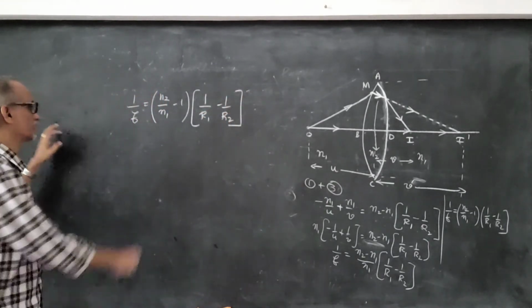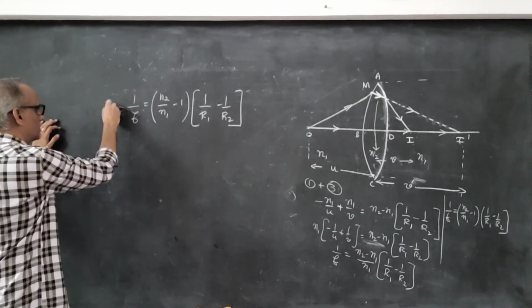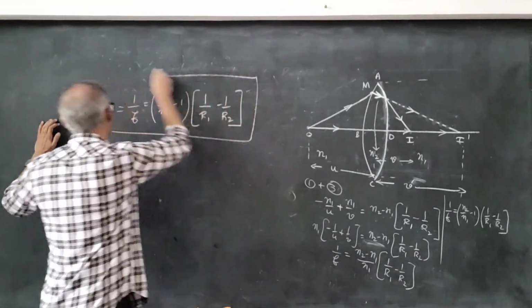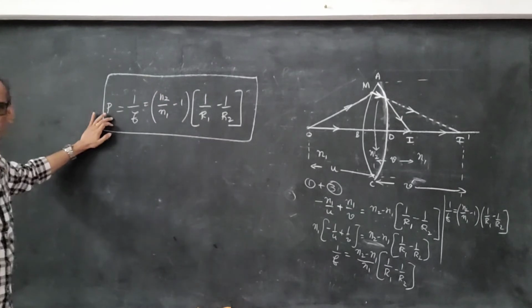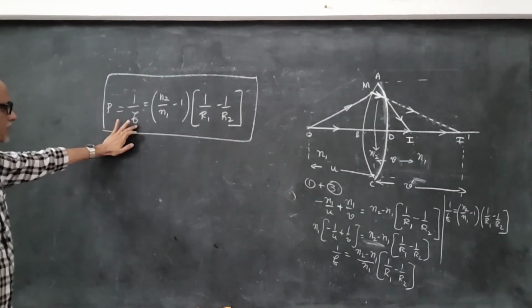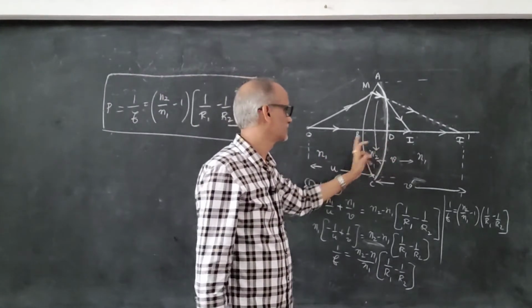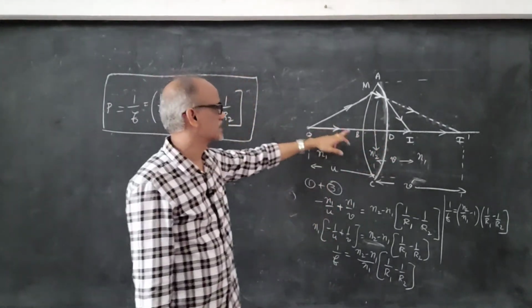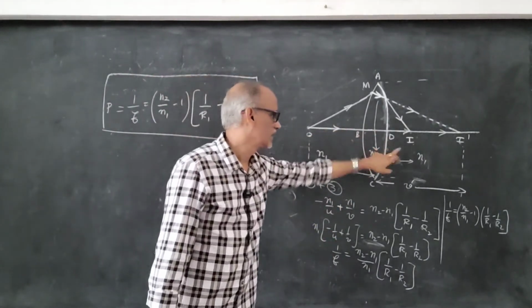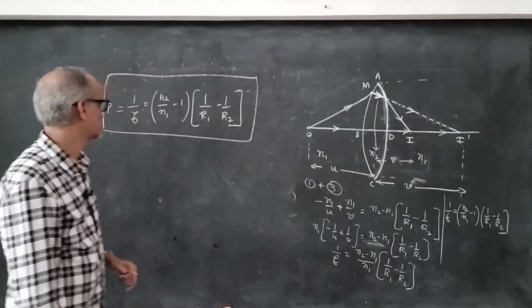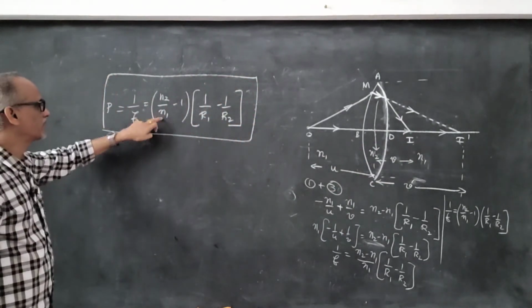So what are the factors? And 1 by F is nothing but power, correct? So power or focal length depends on the radius of curvature of the two surfaces, where R1 is the radius of curvature of the first surface, R2 is the radius of curvature of the second surface. Not only that, it depends on N1 and N2.